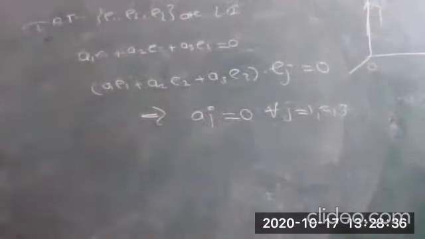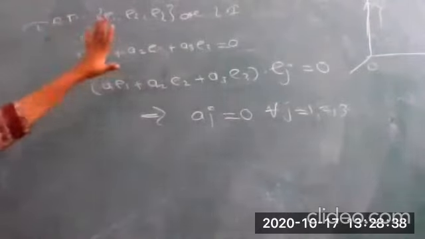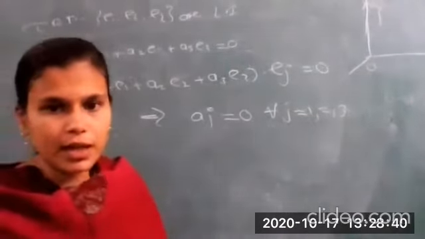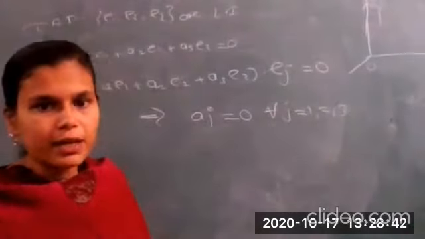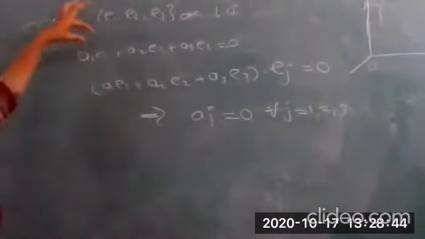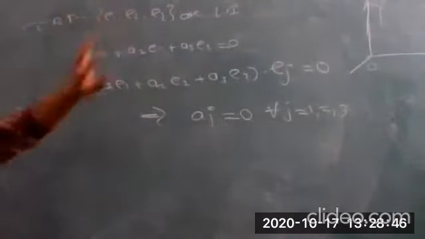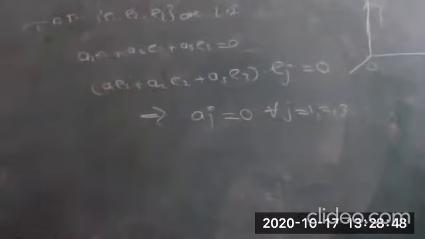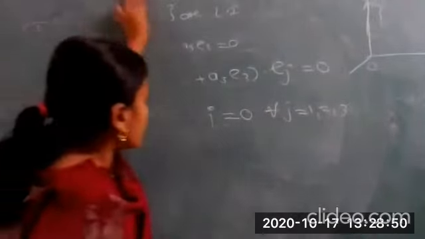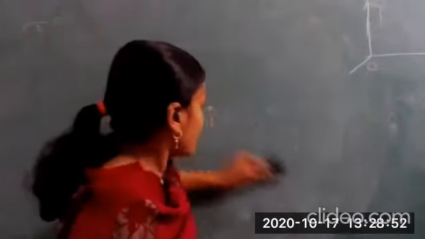Okay, for that first I have proved that these are linearly independent. How to prove they are linearly independent? We already know the procedure for proving it: all the scalars are 0. We have proved they are linearly independent.